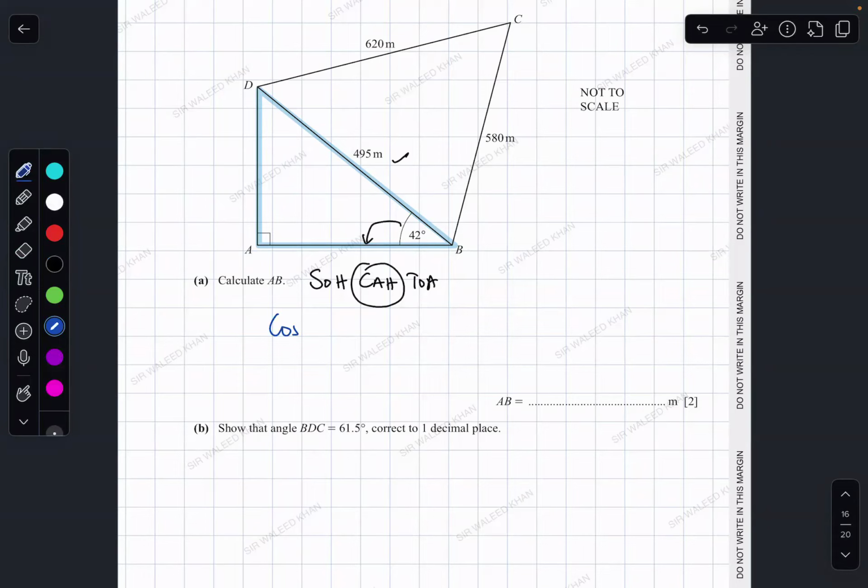So cos of 42 is equal to adjacent, which is AB, over hypotenuse, which is 495. So AB is equal to 495 times cos of 42, which is 367.86.